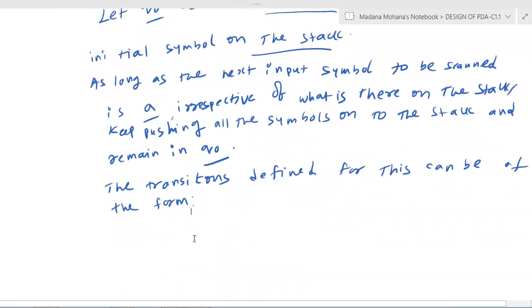Here we have taken Q naught as the starting state. So delta of Q naught, your current input symbol is A. Initially, the stack contains the initial symbol, that is Z naught. Whenever your input is A, whatever the stack contains, don't change the state, it remains in the same state.